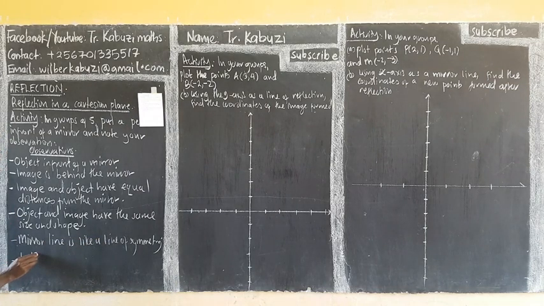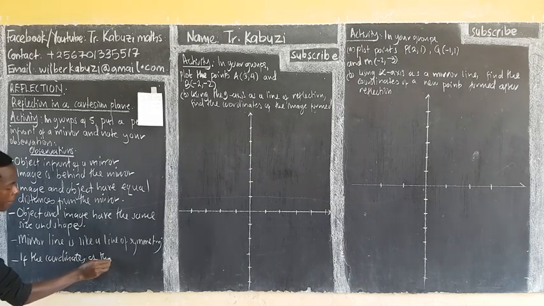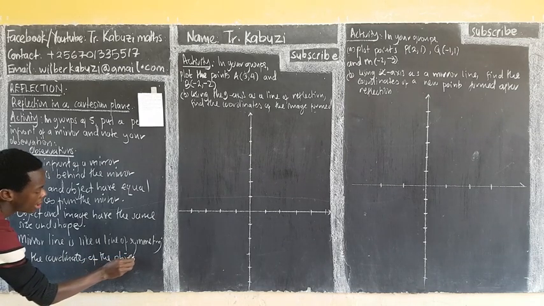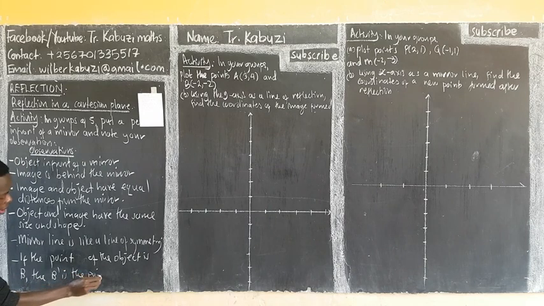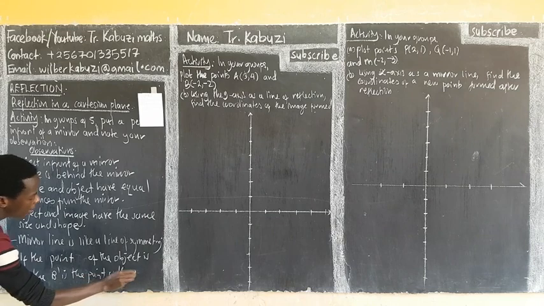So if the coordinates of the object, if the point of the object is B, then B prime is the point of the image.